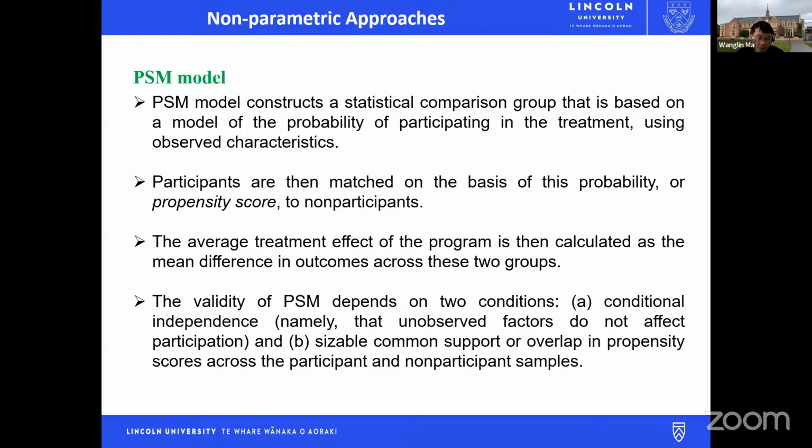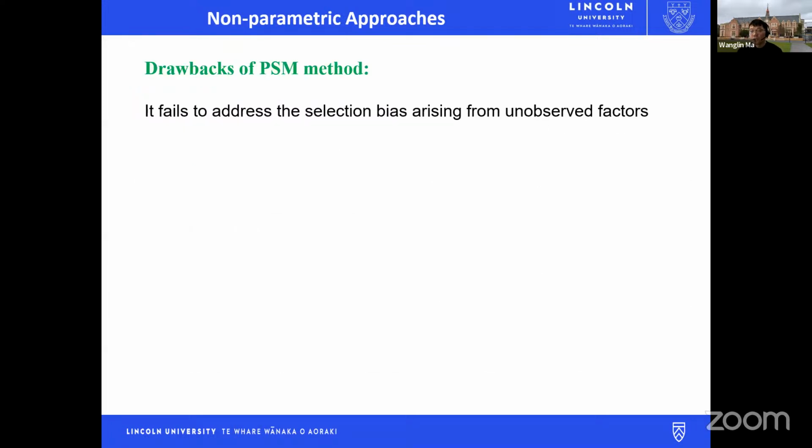As I explained previously, for example, an individual's innate ability and motivation. And the second one is a sizable common support or overlap in propensity scores across the participant and non-participant samples. So the drawback of the PSM method is that it fails to address the selection bias arising from unobserved factors.